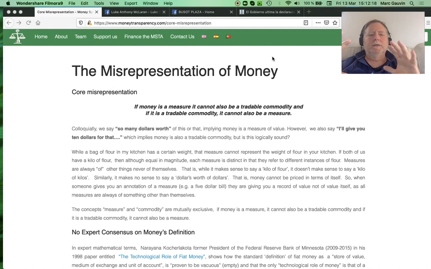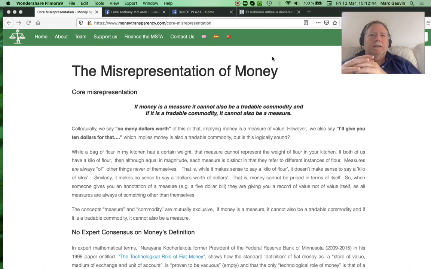So basically, these concepts conflate two ideas, and one is the idea of money as a measure of value. That's something we can work on, and we can ask how we measure value. There's plenty of science that allows us to arrive at a common notion of what value is, which would be utility or worth or desirability of something.